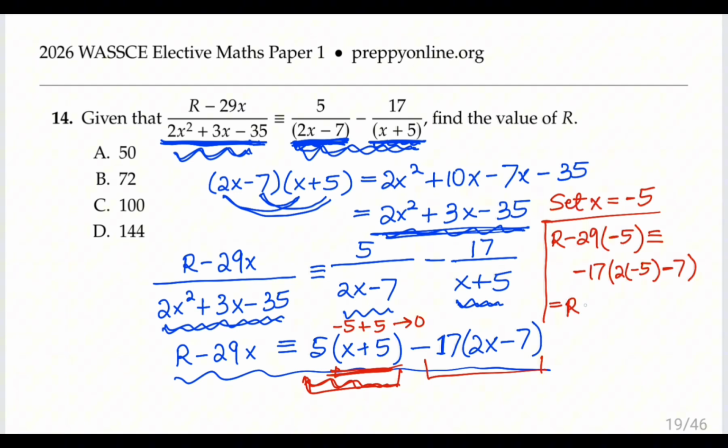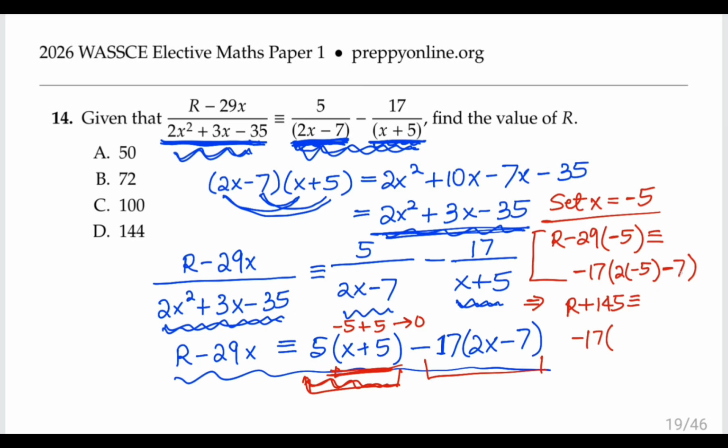What does it give us? 29 times 5 is going to give us 145. And I should remove this equal sign. We are moving from here, so this implies this. All right, so r plus 145, this is that. On this side we have minus 17, then 2 times minus 5 is minus 10.